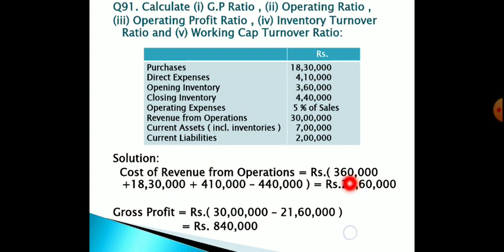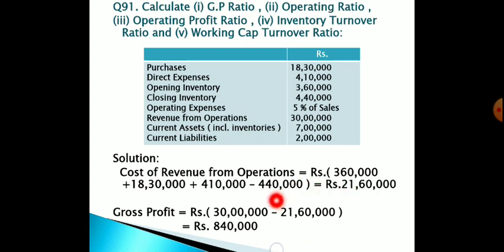That is my opening inventory, plus 18,30,000, that is the purchases, plus 4,10,000 direct expenses, minus closing inventory, that is 4,40,000. We have applied the formula, that is opening inventory plus direct expenses plus purchases minus closing inventory, that is equal to 21,60,000.